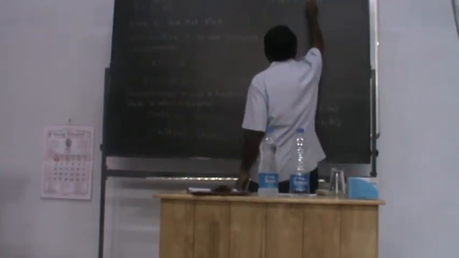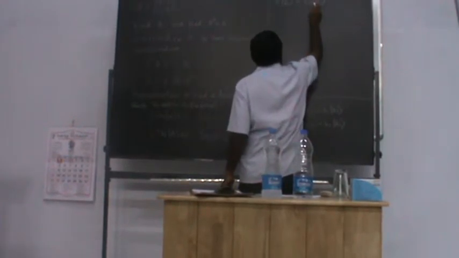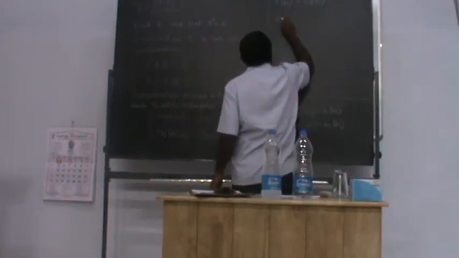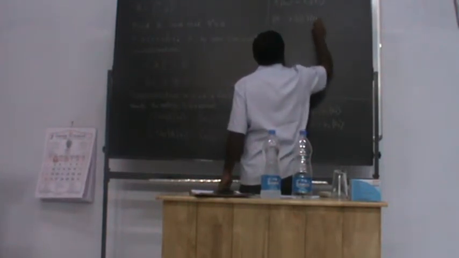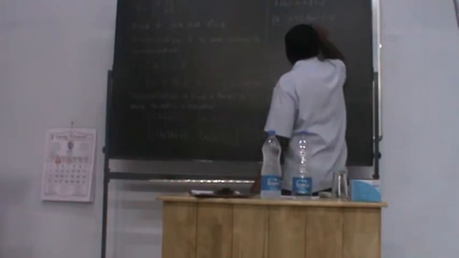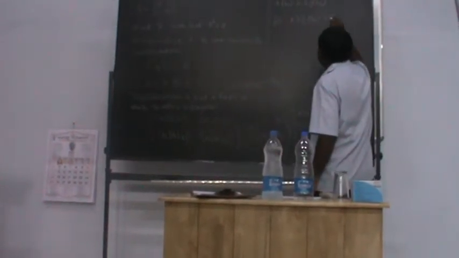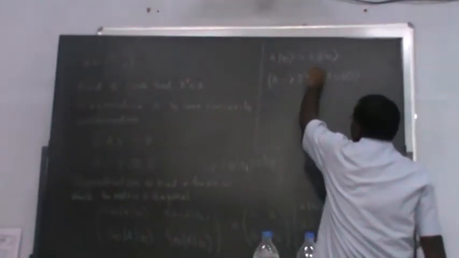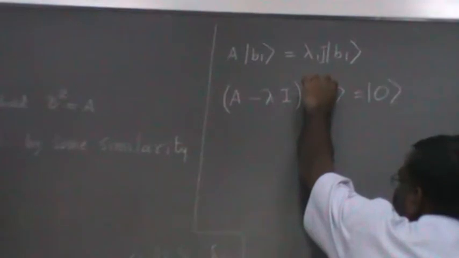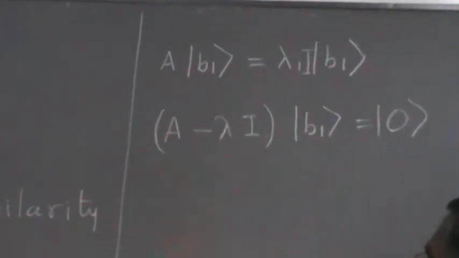If I write this with an identity matrix here, with no loss of generality, this essentially means (A minus lambda I) B1 is equal to 0, which is basically a zero vector. If I want a non-zero eigenvector to be present here, then the determinant of this has to be equal to 0.